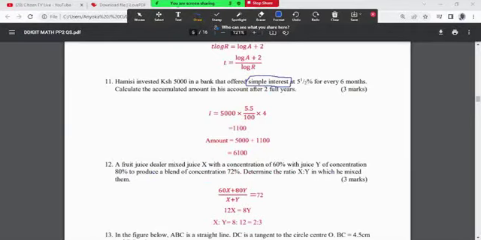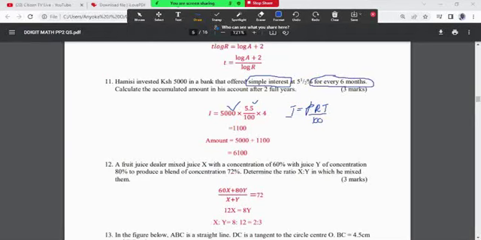In simple interest, interest is equal to principal times rate times time, where the rate is divided by 100. So our principal is 5,000. Our rate of interest is 5.5 over 100, and the interest is paid for every 6 months.